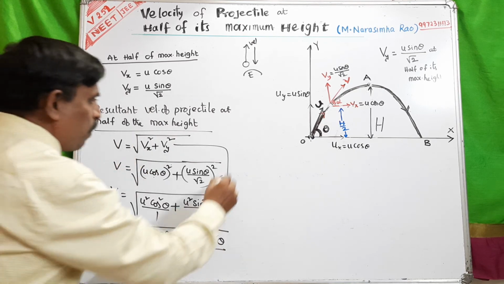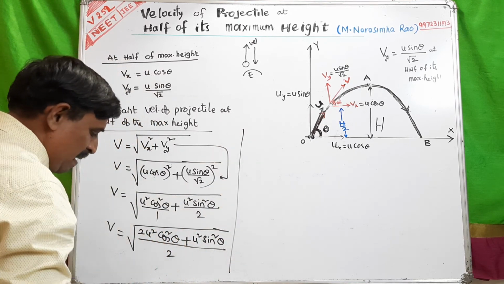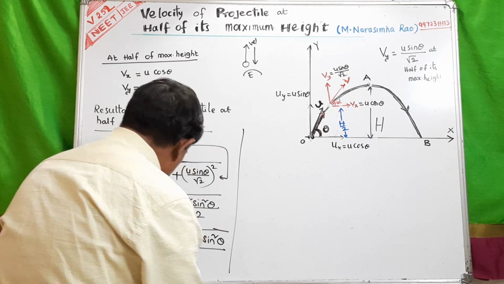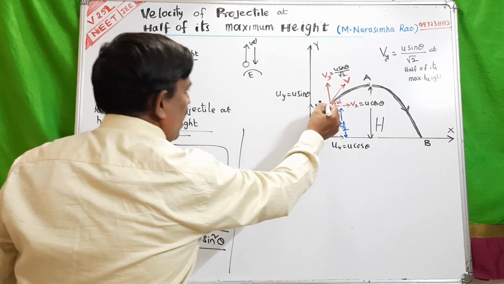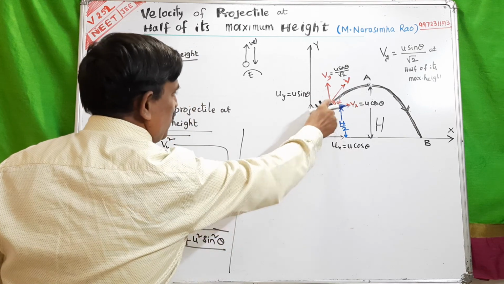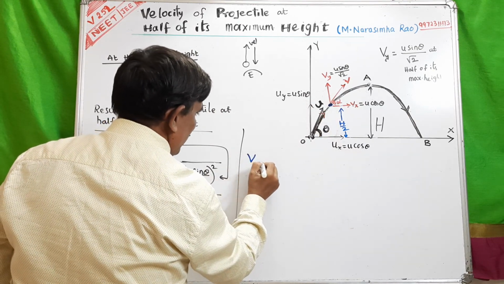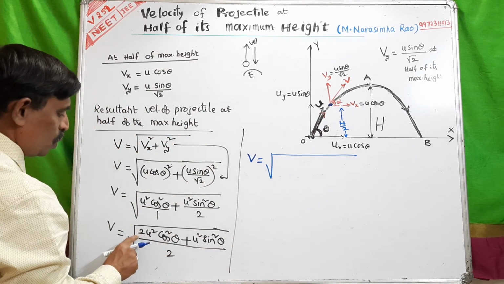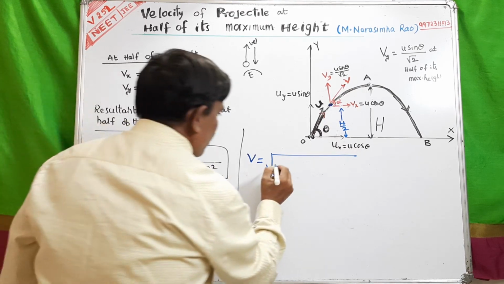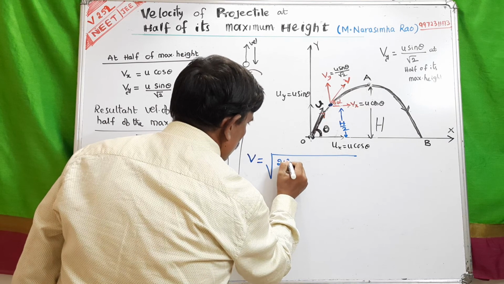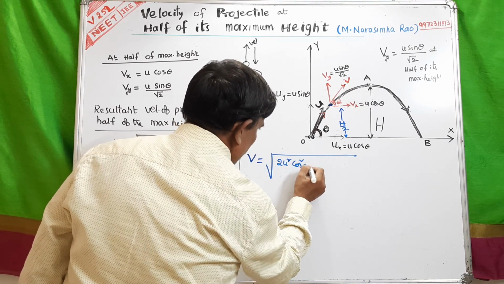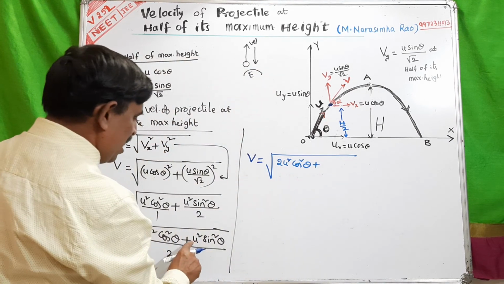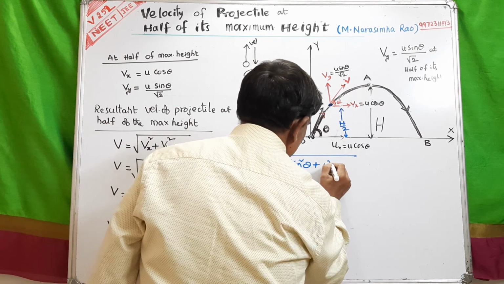Now please listen here. Resultant velocity at the half of the maximum height is V equal to under root of 2u square cos square theta plus u square sin square theta, divided by 2.